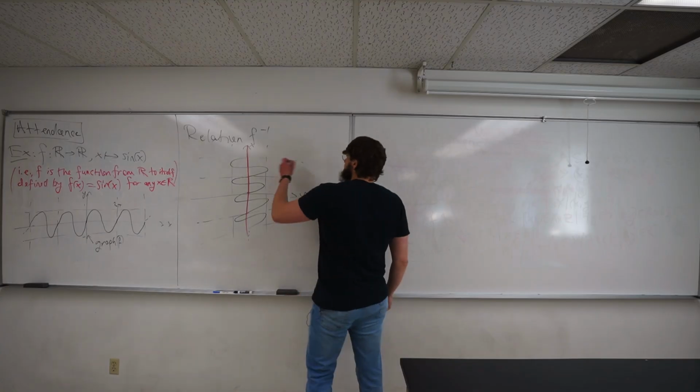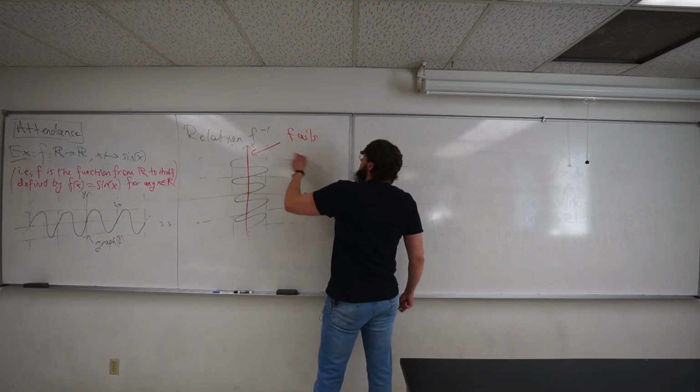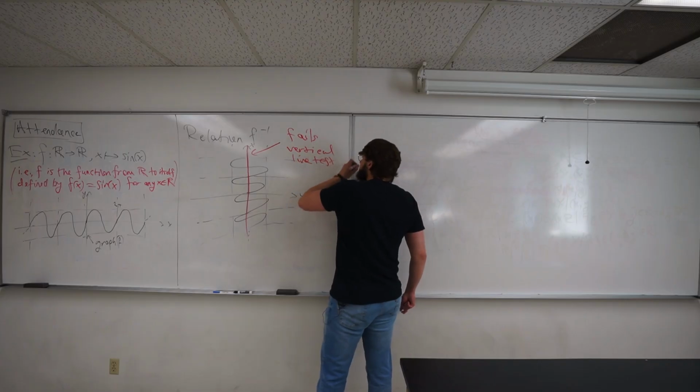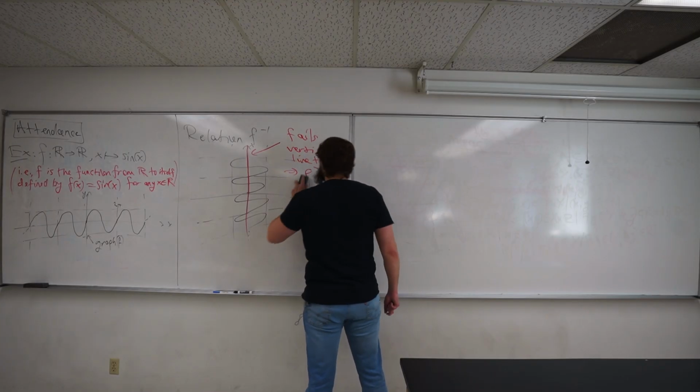It fails the vertical line test, hence f to the -1 is not a function.